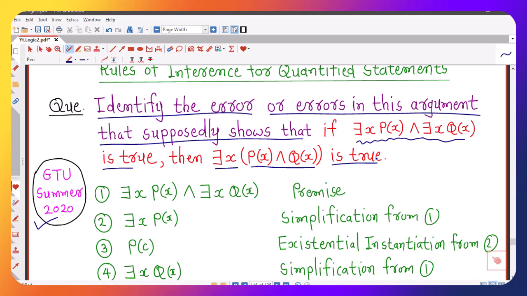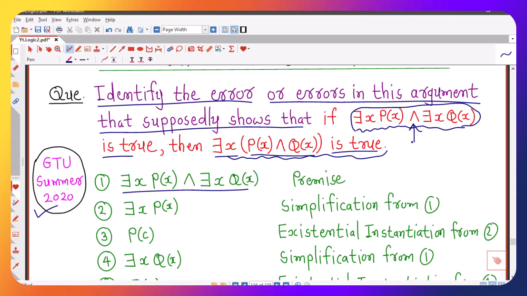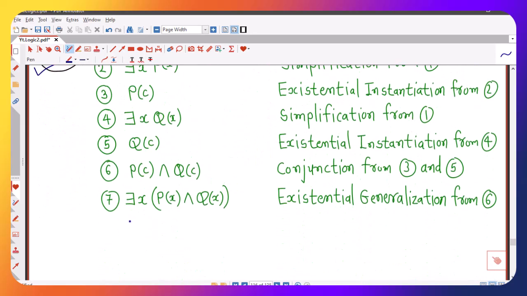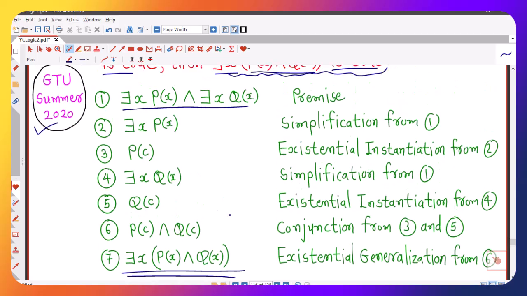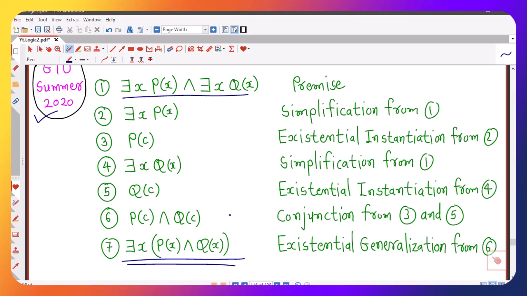So here we are given the necessary steps, and using these steps we have to check that if this is true, then this is also true. So they have written all these steps, and you can see first step is starting with this. So this is the premise, and using this premise they are saying that if this premise is true, then this conclusion is also true.